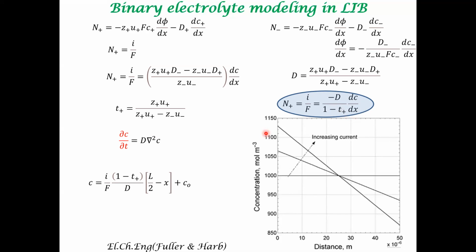So if you can increase the transference number by increasing the mobility of lithium plus in the electrolyte, effectively you're going to suppress the concentration gradient. That's going to be useful for us. You will see why. But at least mathematically, one thing to be noticed is that an increase in t plus is going to suppress ∂c/∂x.